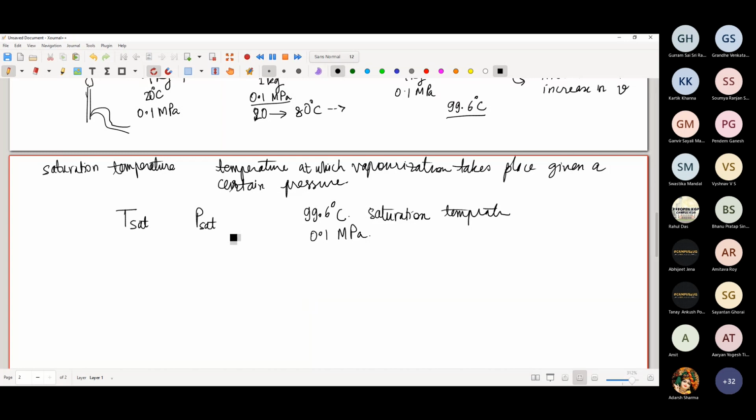So if a substance exists as both, let's again take a look at what has happened.